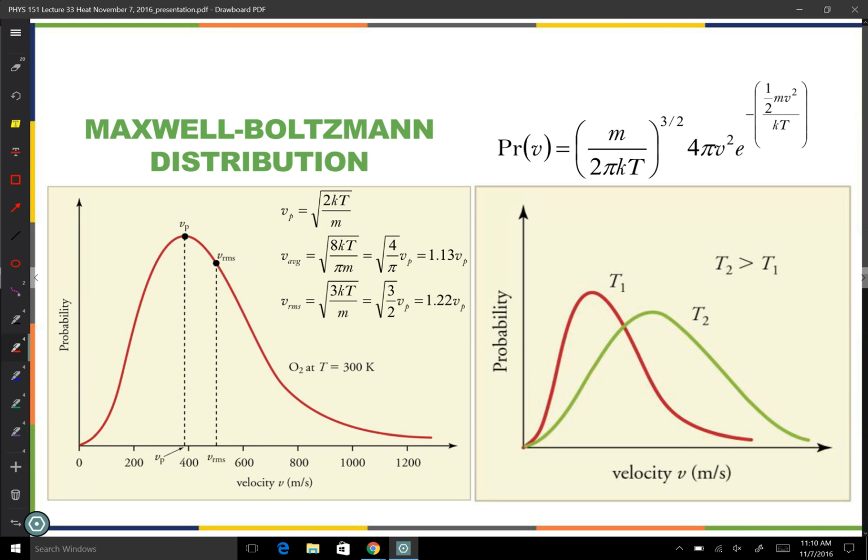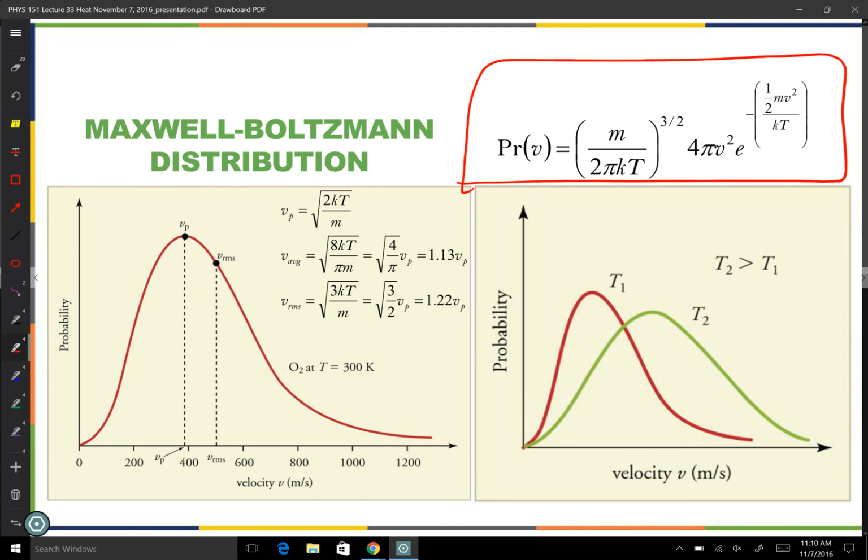And so James Clerk Maxwell and Ludwig Boltzmann did the statistical work to come up with an equation, shown right here, that tells you the probability of a molecule in a gas having a given speed, if it's an ideal gas at temperature.